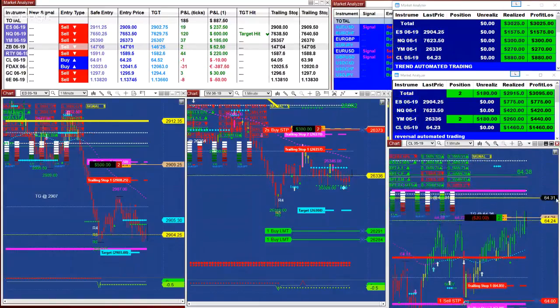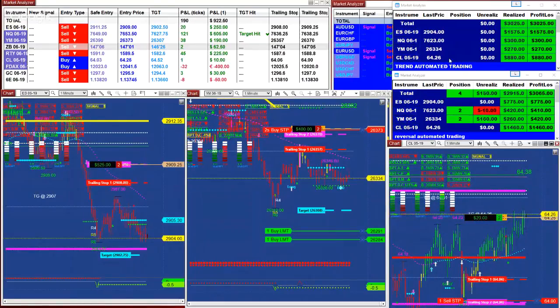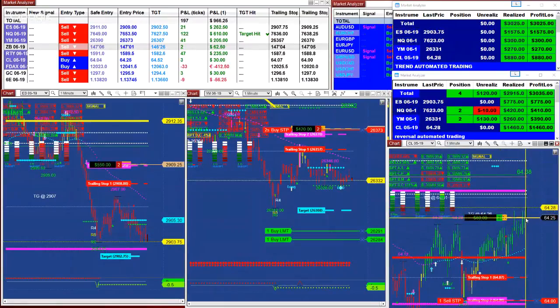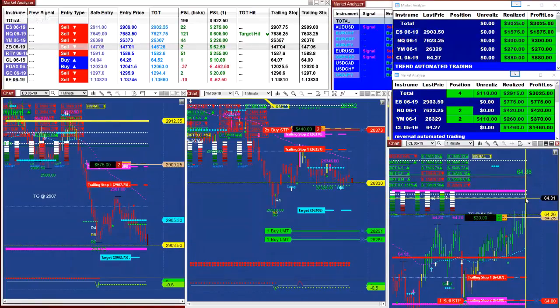If you are scared to take the CL, wait on the pullback re-entry from the market analyzer and copy that trade. On that one here, it is from 64.25 to 64.31. Not much to deal with because we have three resistance lines.